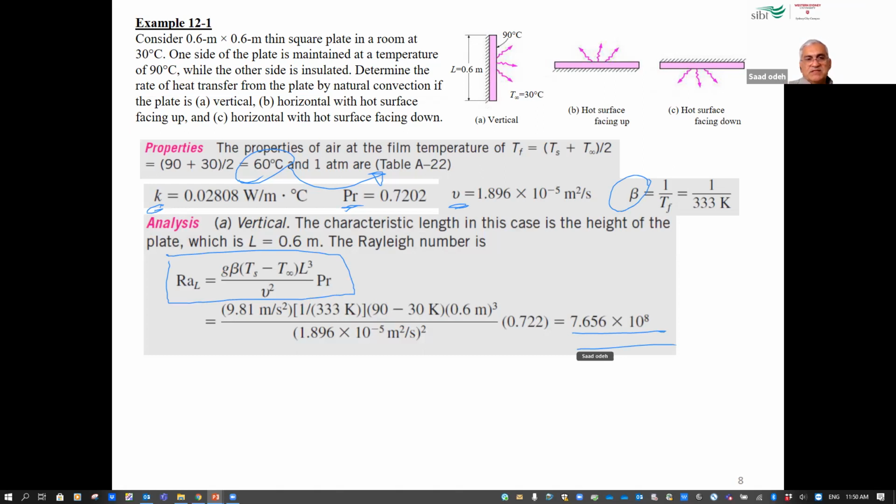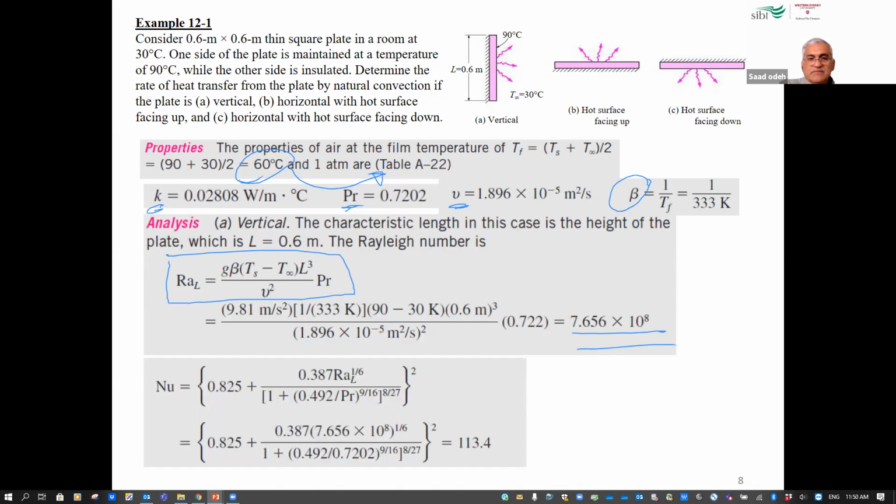Now we said you can use this Rayleigh number and go to the tables. Either we use the table or use this formula to find the Nusselt number. As I said before, this formula is really quite complicated. If you can do it, use it to give you an accurate value.